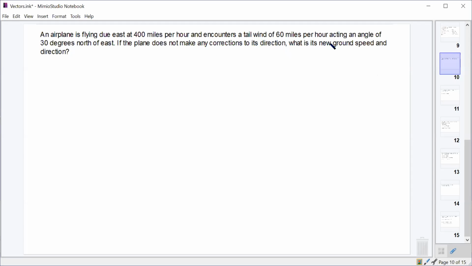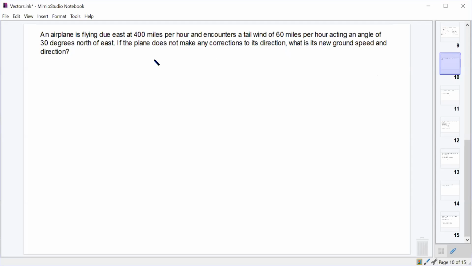How do we know how fast something's going? Which vector will tell us how fast it's going? Position vector, velocity vector, or acceleration vector? All right, velocity vector. Yeah, the velocity vector will tell us how fast something's going.